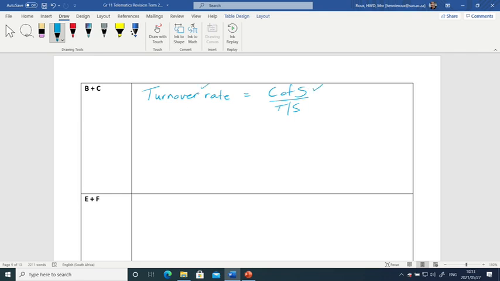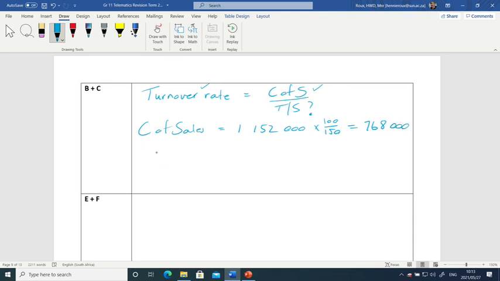They gave us the turnover rate, then we can calculate the trading stock. So cost of sales was the sales 1152 times 100 on 150, because they said the markup percentage is 50%, and that will give you 768. So that's the cost of sales.